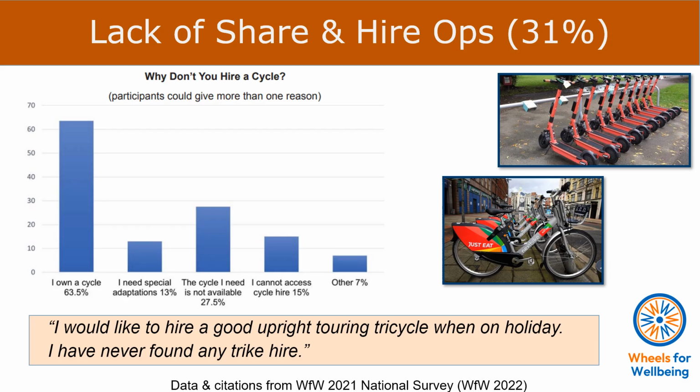One of our respondents highlighted that they would like to hire a good upright touring tricycle when on holiday, but "I have never found any trike hire." So the lack of share and hire options means that disabled people are again doubly disadvantaged. Disabled people could most benefit from low-cost access to cycling, but are excluded because of the lack of accessible cycles that are available.